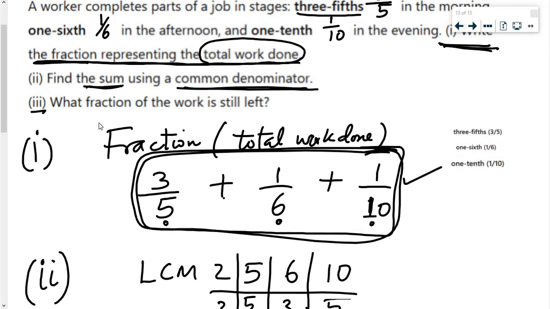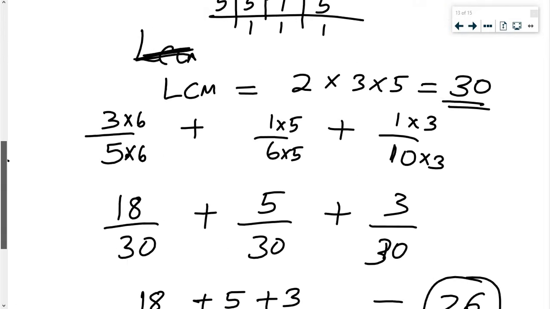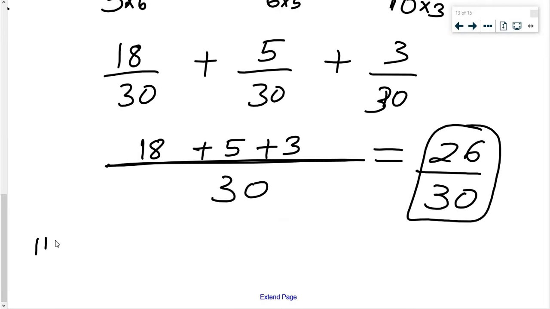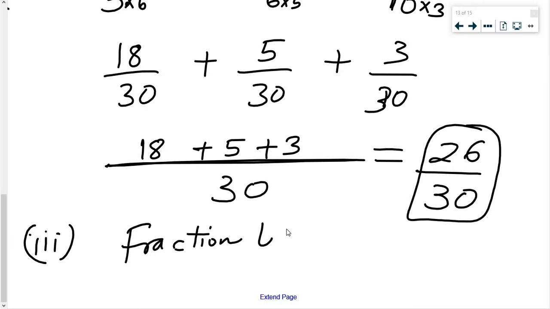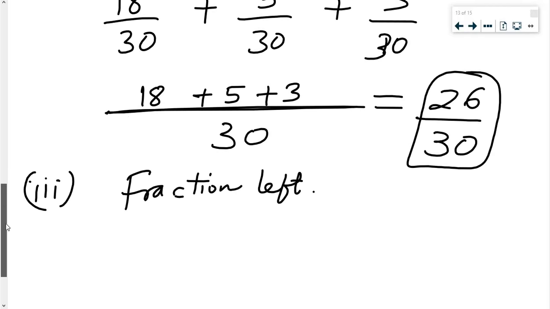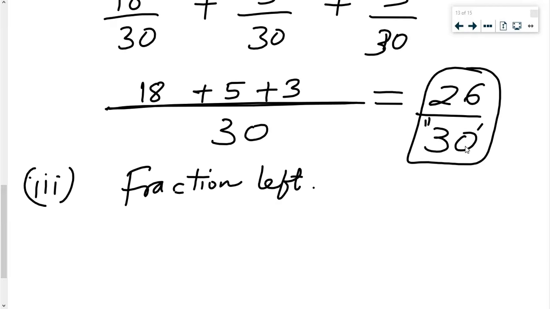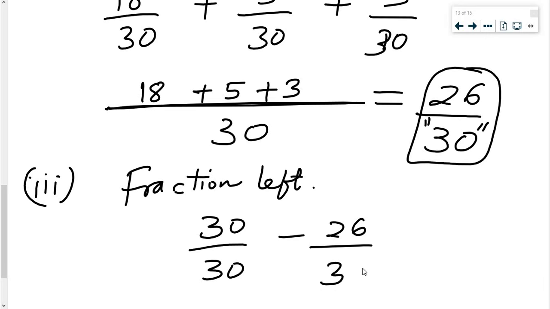What is the next question? What fraction of the work is still left? So, question 3, fraction left. Again, look at the denominator is 30, then you do 30 upon 30, then minus 26 upon 30.